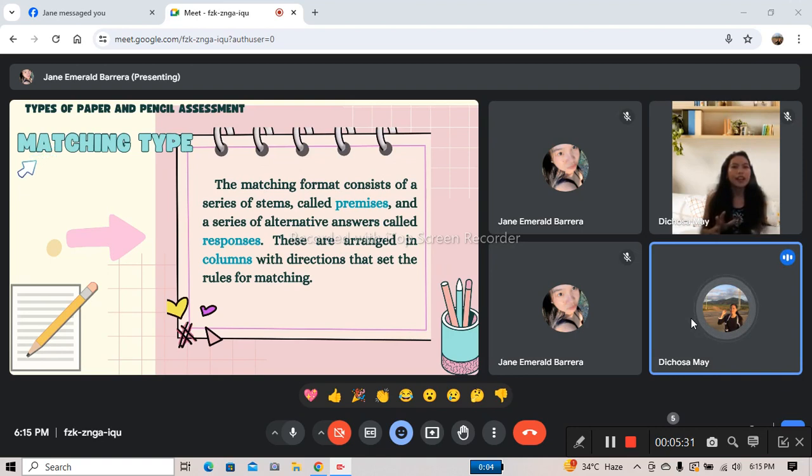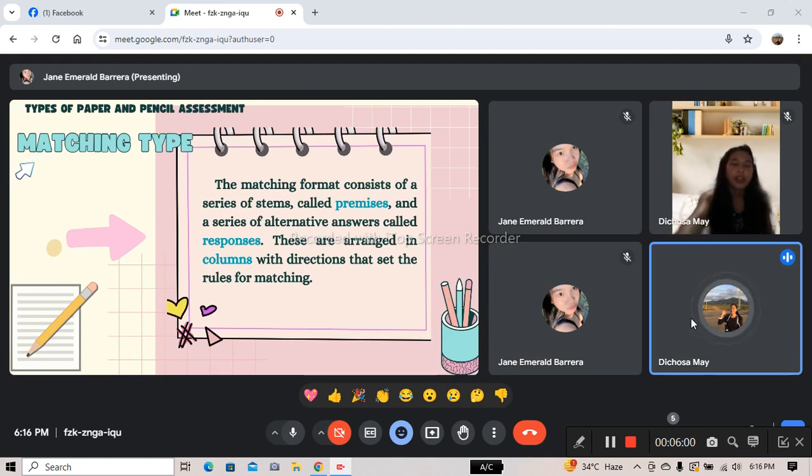They are typically presented in a column or list. Each response is also numbered or labeled to correspond with a specific premise. Always remember that the premises will always be on the right of the test paper and the responses will always be on the left of the test paper.